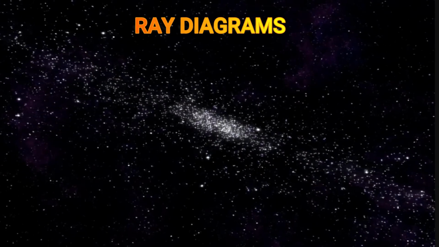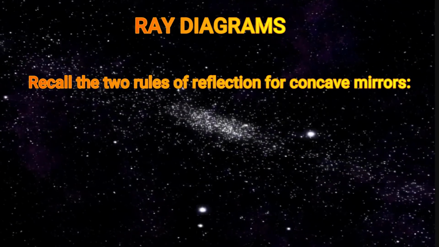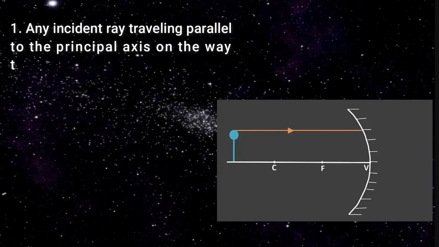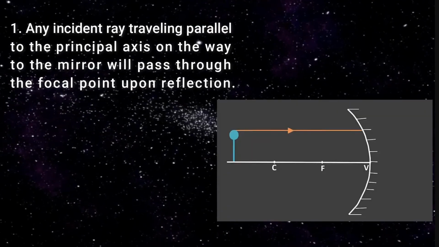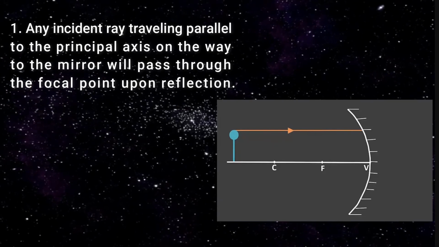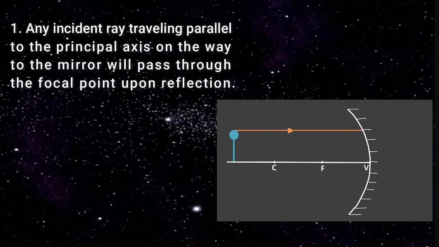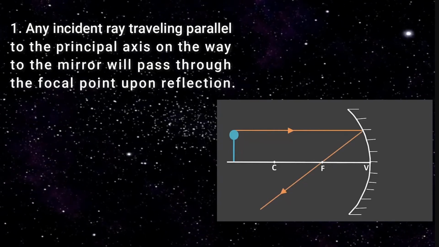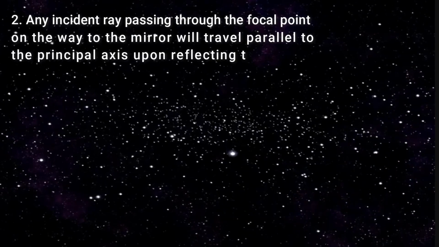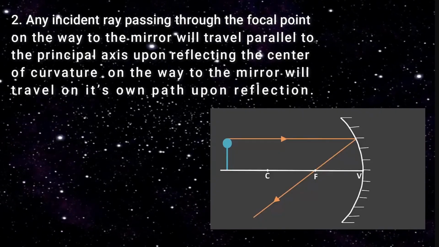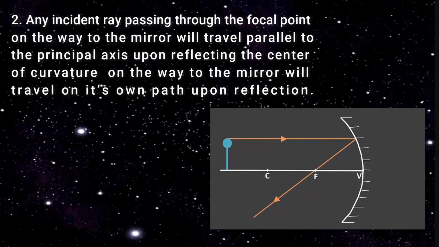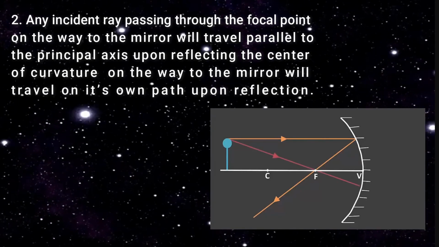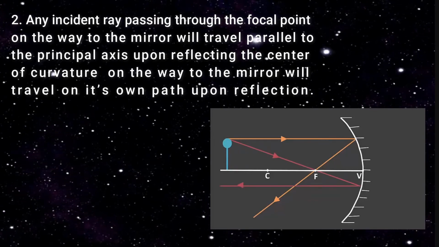For ray diagrams, we will have to recall the two rules of reflection for concave mirrors. Any incident ray traveling parallel to the principal axis on the way to the mirror will pass through the focal point upon reflection. Any incident ray passing through the focal point on the way to the mirror will travel parallel to the principal axis upon reflection.